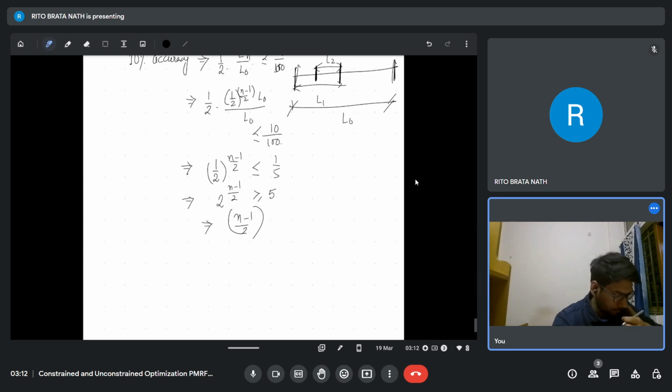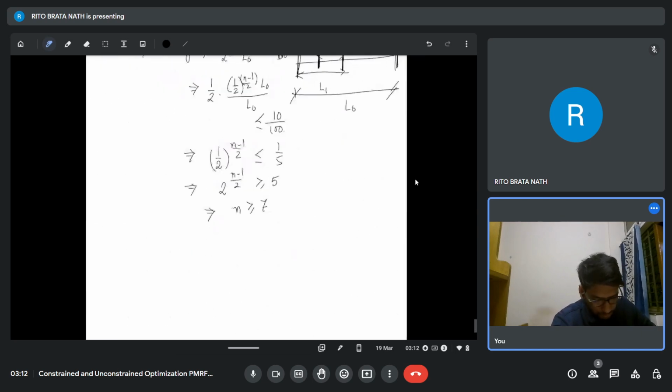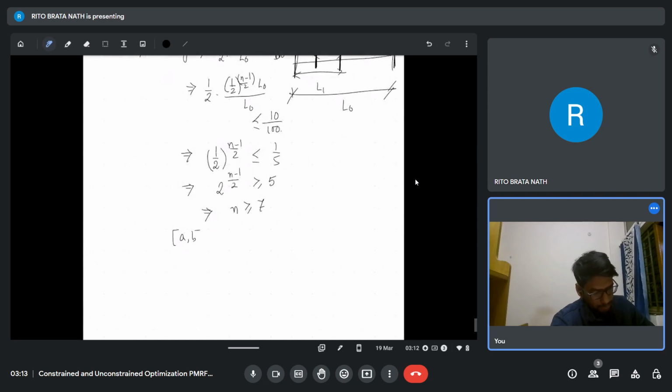Since n is 6 will not give you the desired result, n has to be greater than or equal to 7. So that's the first step, and your interval is given as AB, which is 0, 1.